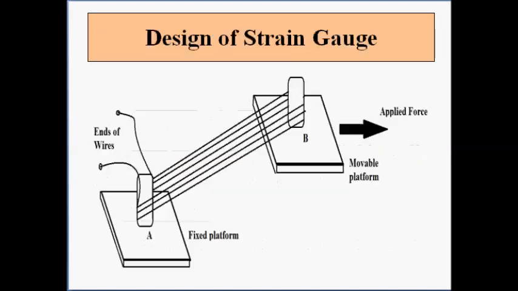So, normally the strain gauge comes in this configuration. It consists of a number of turns of wires which are wound over two platforms. Out of these two platforms, one platform is fixed and the other one is movable.